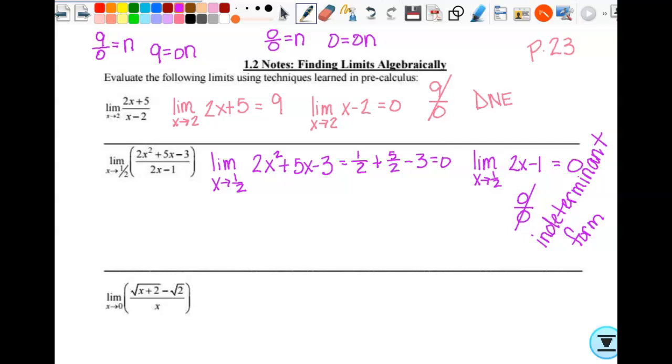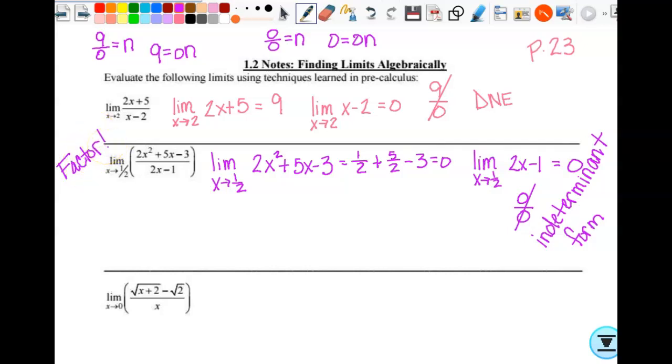That's why it's indeterminate. Okay? And that's the difference between those two, basically. So whether or not you really understand the whys behind it, here's the thing. If you get a number divided by 0, it does not exist. If you get 0 over 0, we have to do something else. Okay? And right now we know what to do. In this particular case, my option is going to be to factor.